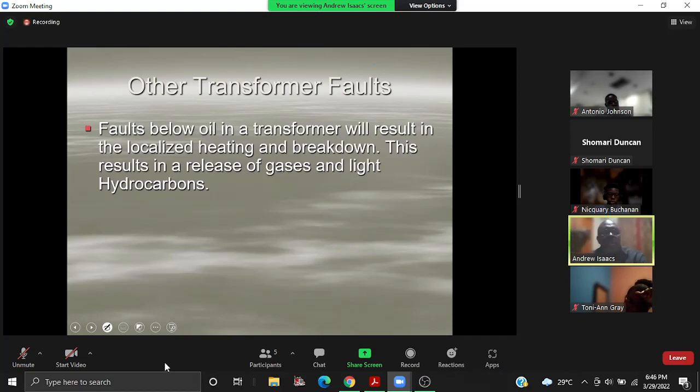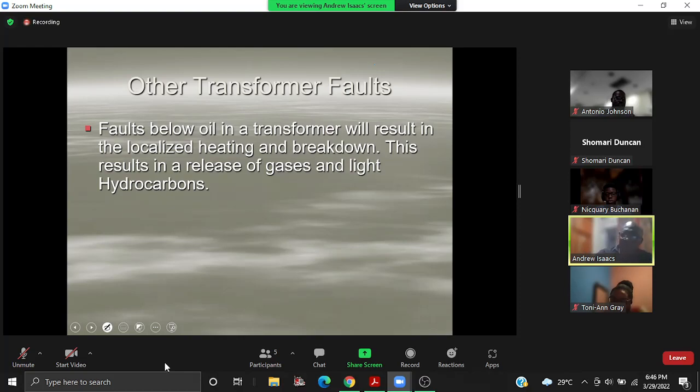There's a project that was being done some years ago by Mr. Sinclair, where they used transformer oil to determine whether or not there were faults within the transformer. Because if there is a fault, it would create hydrocarbons. It means that the color of the oil will begin to change.